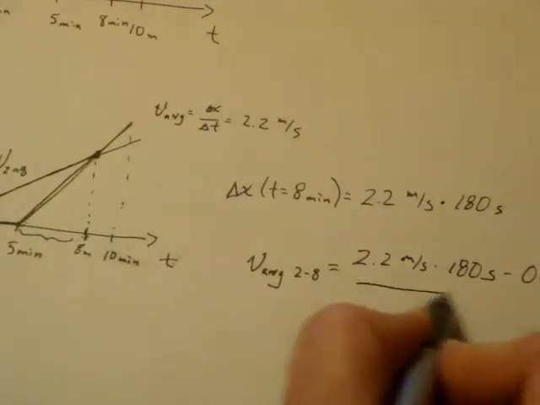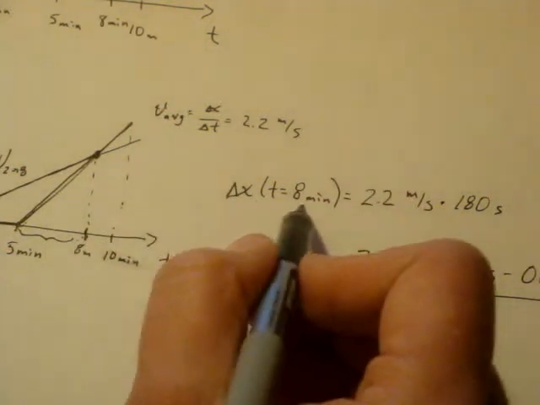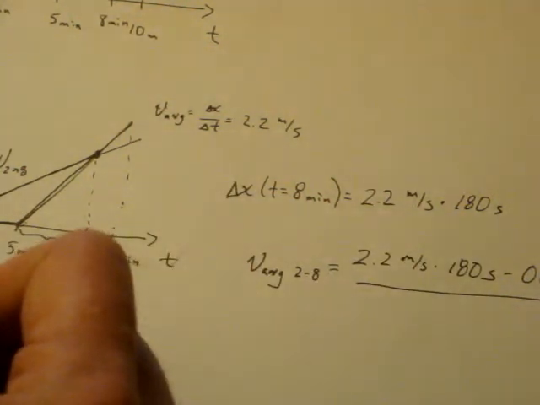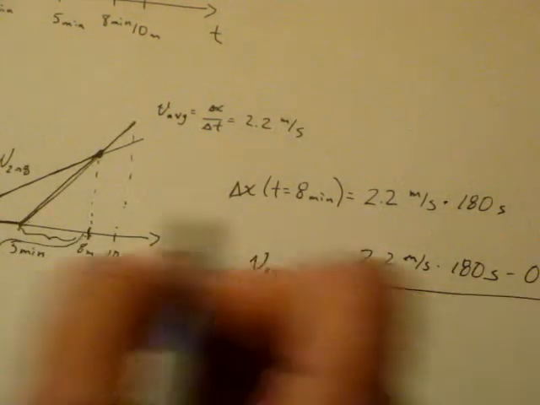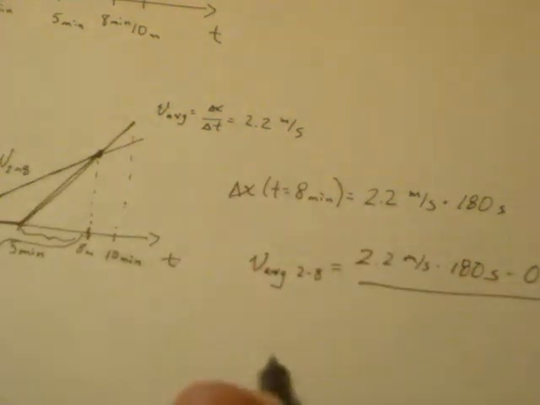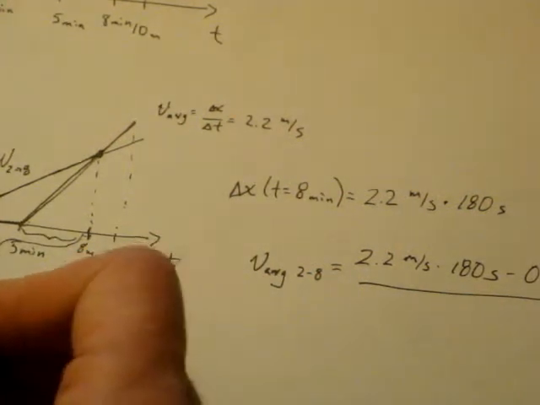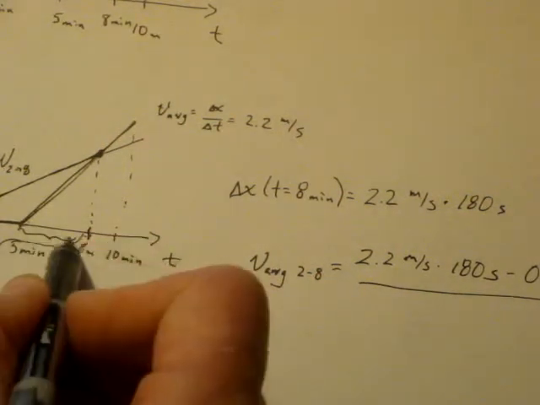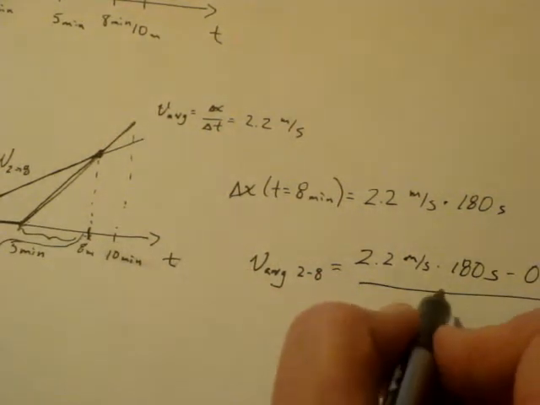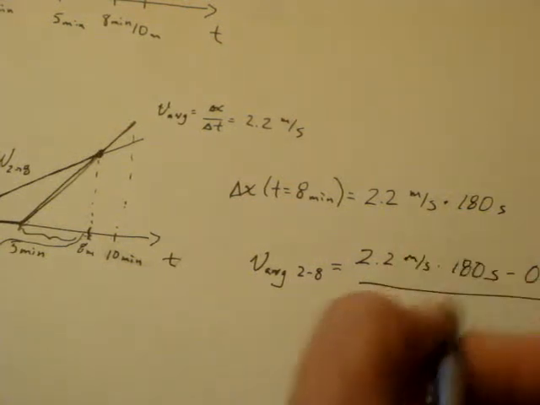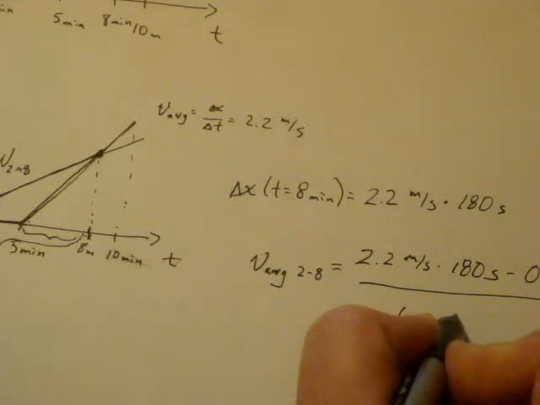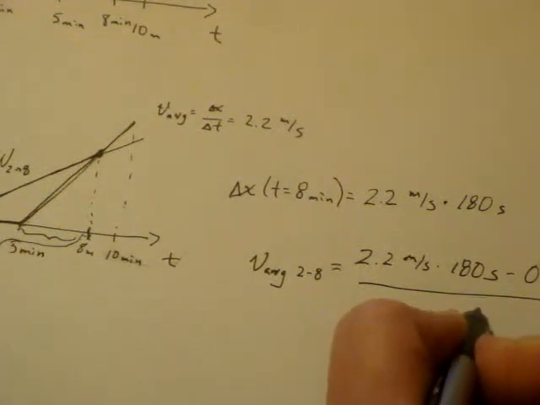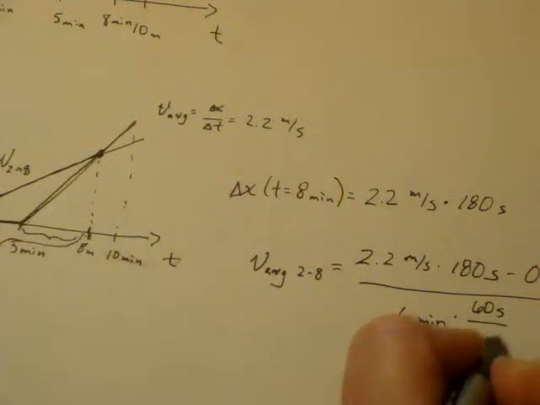And take that divided by the total change in time, which is not just 3 minutes anymore. We want to know the interval over this full change in time here. If we used just 3 minutes, we'd get back exactly 2.2 meters per second. So the whole interval from 2 minutes to 8 minutes is a total of 6 minutes, right? Converting minutes into seconds, we multiply 6 minutes by 60 seconds per 1 minute.